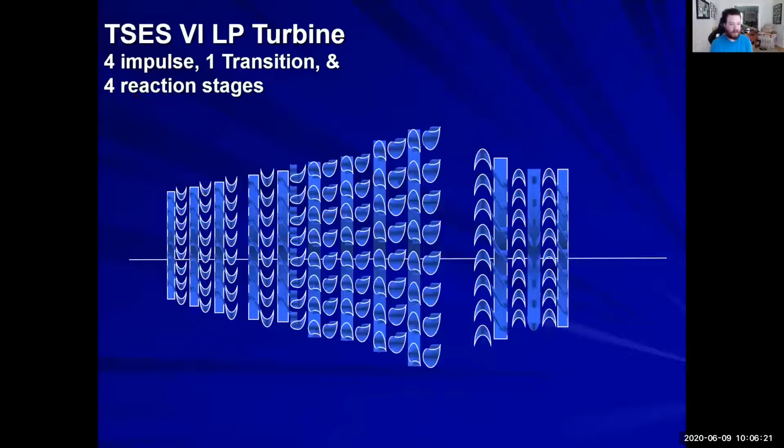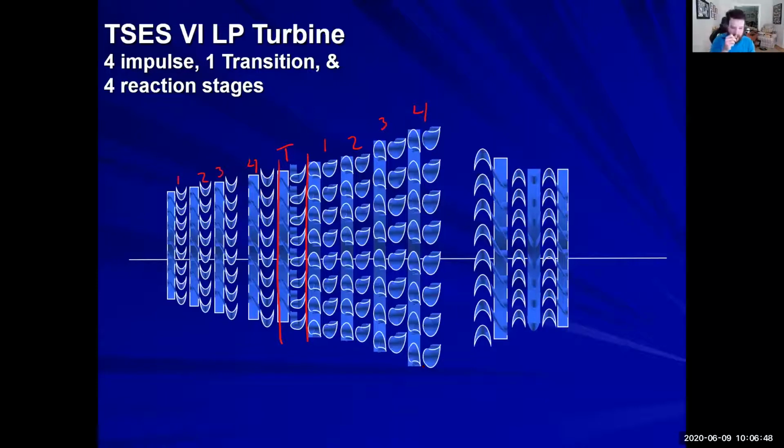Now, in your LP turbine, you have 4 impulse, 1 transition, and 4 reaction. So here's your 4 impulse right here: 1, 2, 3, and 4. You have 1 transition, and your transition is right here. And then your 4 reaction stages: 1, 2, 3, and 4.